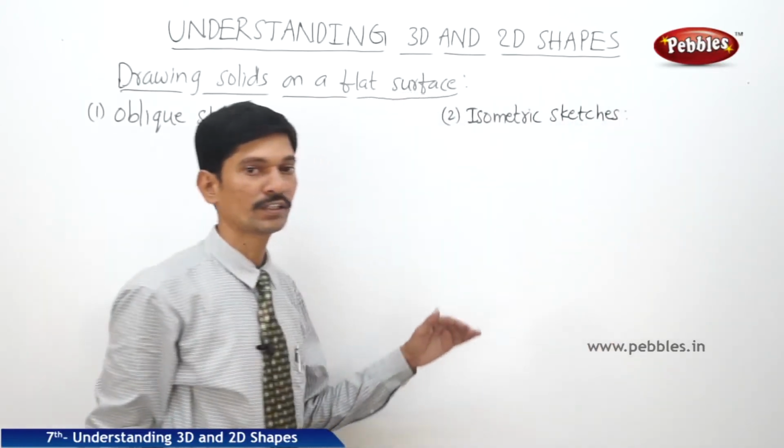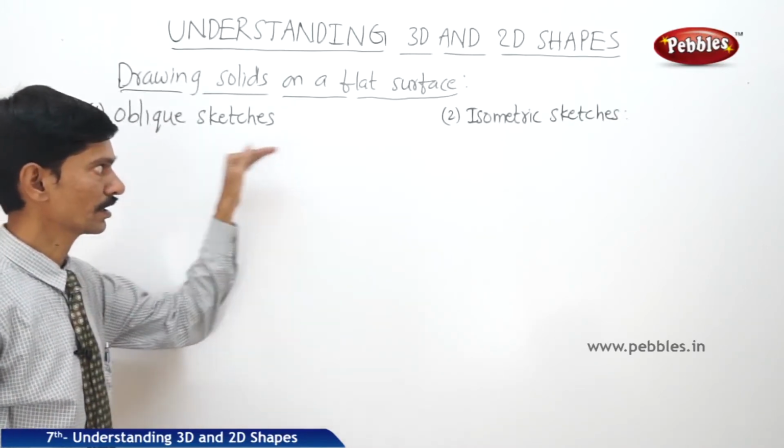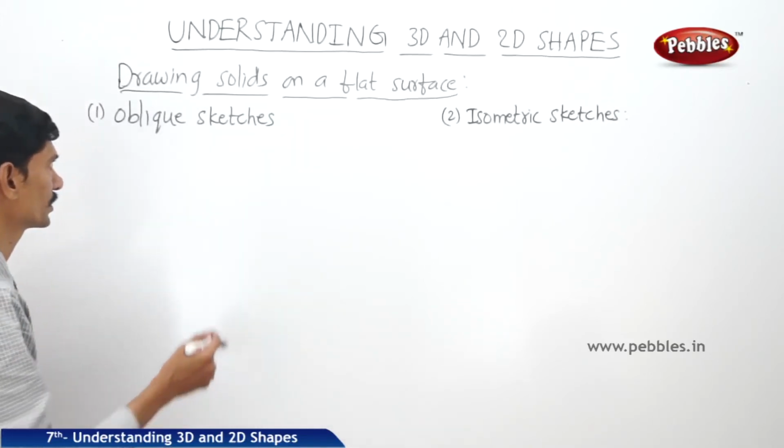So we can draw any solid shape in both the methods called oblique sketches and also isometric sketches. Now first let us see what the oblique sketches are.